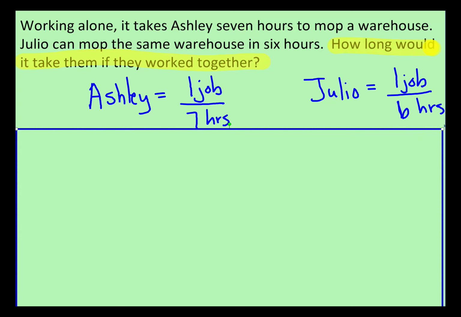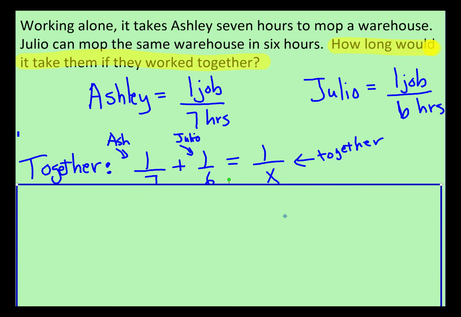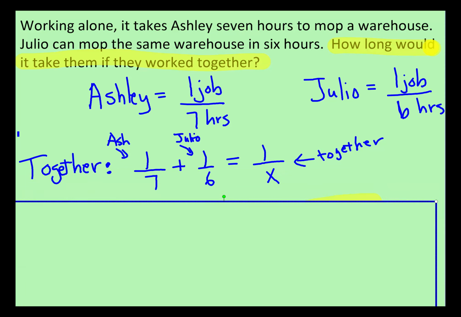So let's go ahead and get started on that. What we want to do is add Ashley's time and Julio's time together, because we want to combine their time to see how long it will take them.